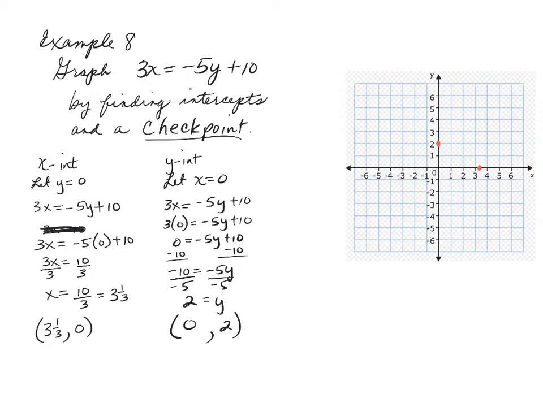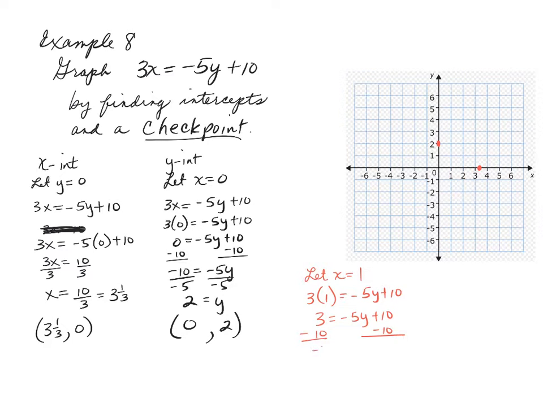Let's just choose one. Probably going to end up with some fractions, but let's just see a checkpoint. Let x equal, let's say 1. So then we have 3 times 1 equals -5y plus 10. So that's 3 equals -5y plus 10. Then we're going to subtract 10 from each side.